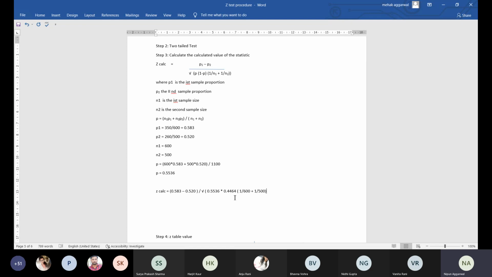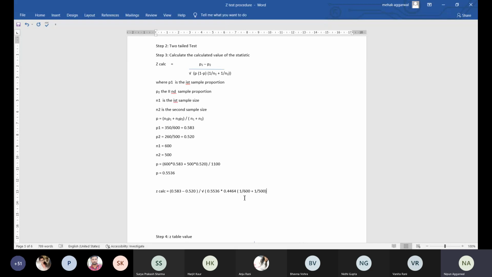So calculate this. Tell me the answer. So 1 divided by 600 is 0.00167 and 1 divided by 500 is 0.002.